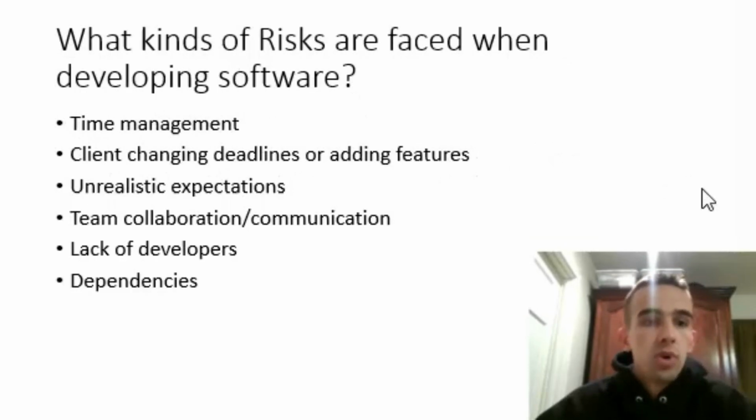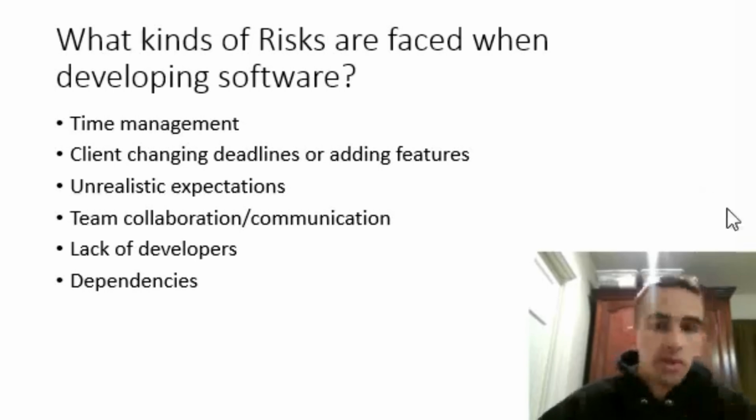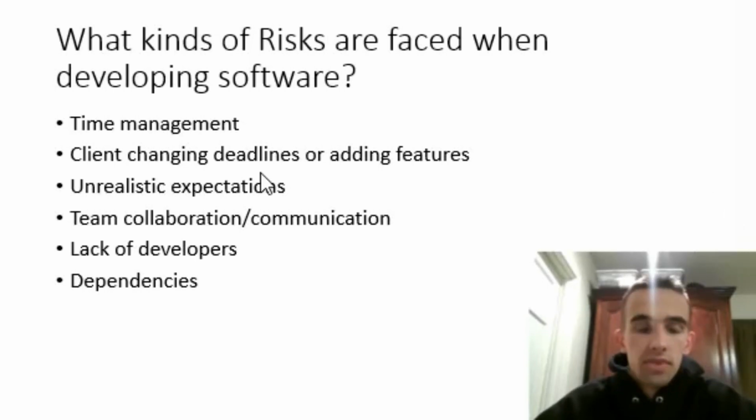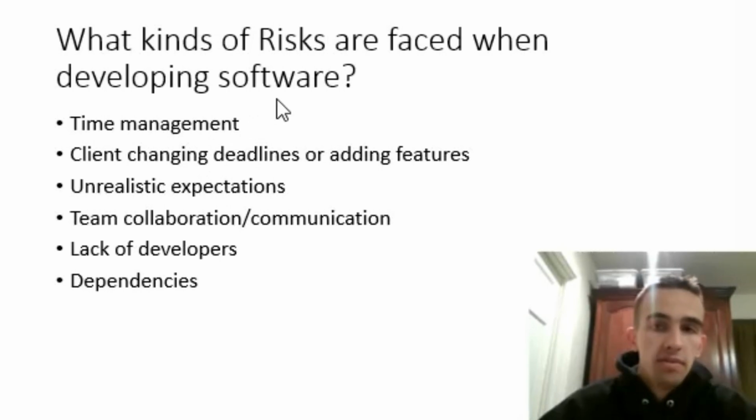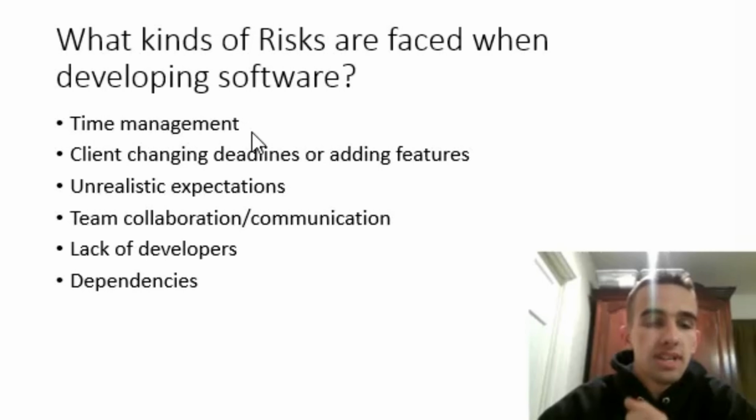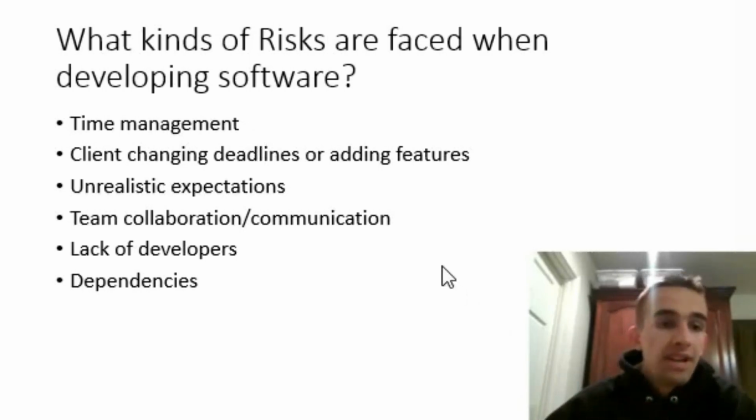So, what kinds of risks are faced when developing software? A couple of the main risks that I put down here are time management within our teams. It's really important to stay efficient. I'll get more into these in a second. You can have clients change deadlines or add features.